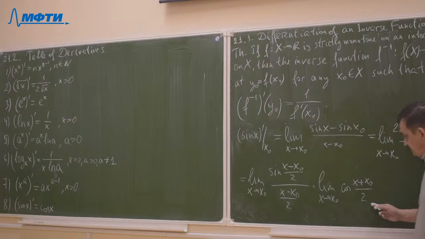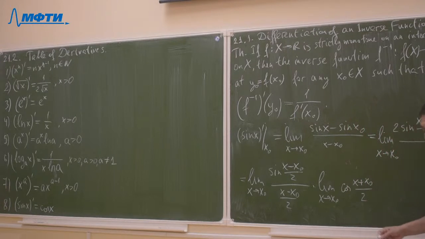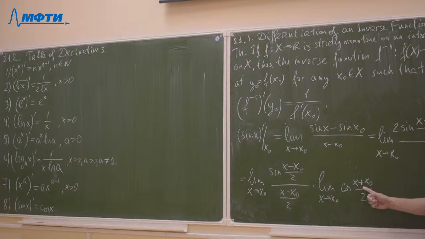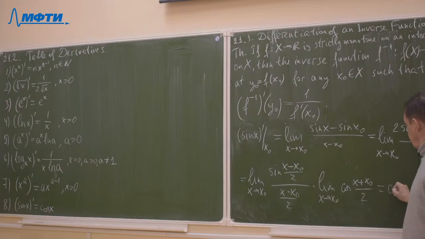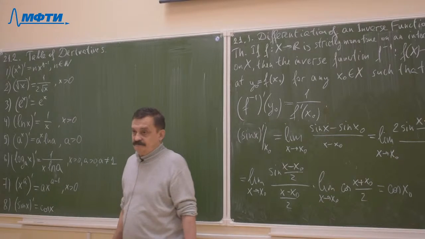And the second, we know that trigonometric functions are continuous on their domains, so cosine is continuous. Hence, if x tends to x naught, its argument tends to x naught as well, so the limit is cosine x naught. And it gives us precisely the 8th line.